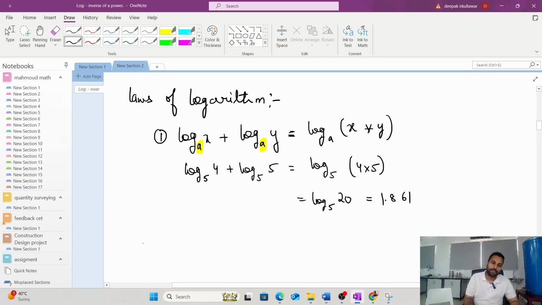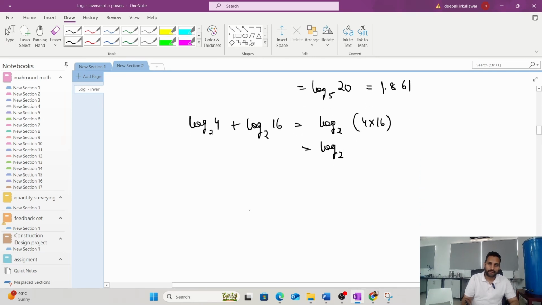Similarly, if you have log base 2 of 4 plus log base 2 of 16, this can be written as log base 2 of 4 times 16, which is log base 2 of 64, which is nothing but 6.